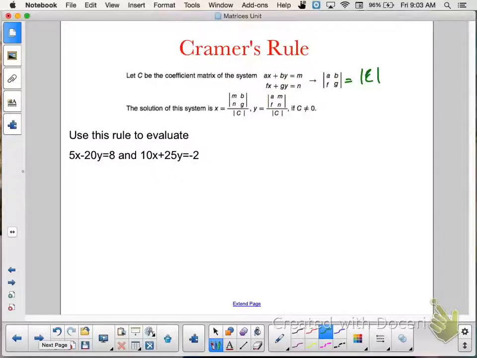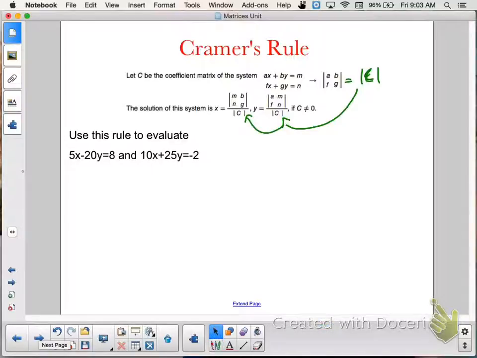So this is a capital C. As we're talking about that, all that means is if you notice, I have taken the coefficients of my x and y in my first equation, put it in the top row of my coefficient determinant, taken the f and g are the coefficients of my x and y in my second equation, and put it in the second row of my determinant. And that is my coefficient determinant. That is what is plugged in here and here.